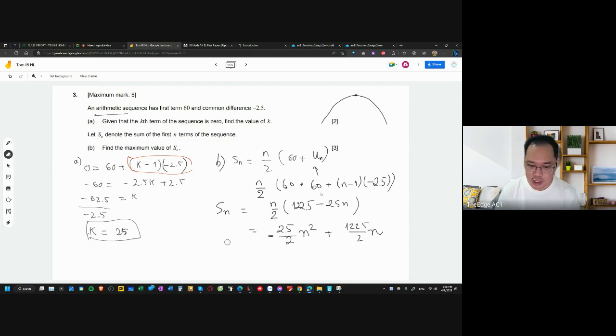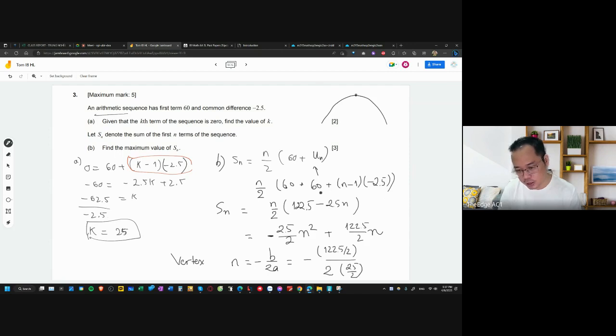Okay, and the vertex of this thing is at n equal to minus b over 2a. B is 122.5 over 2, and A is 2.5 over 2, and 2a is here.